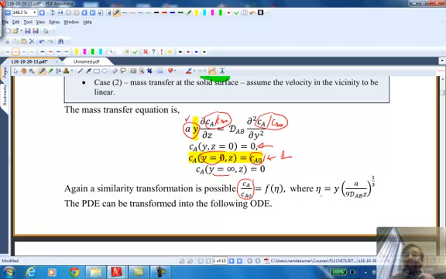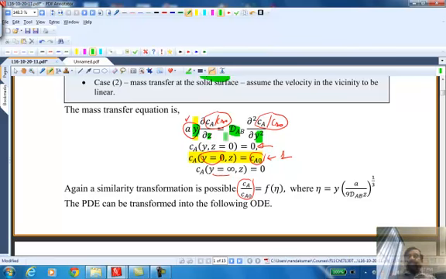and that is given by eta equals y multiplied by (a divided by 9 D_AB z) to the power 1/3. Now, 9 is thrown in there as a constant. That makes the calculations simpler later. But the important point to notice here is that when you take this y to the denominator here, you get y cubed effectively in the denominator. And here you have z and D_AB, okay?